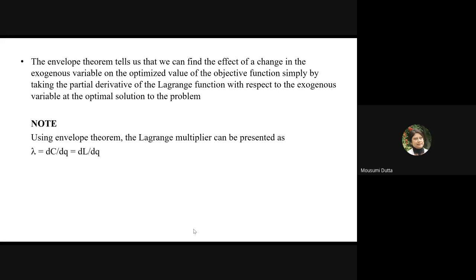Using the envelope theorem, the Lagrangian multiplier can be presented as, we did this solution dC by dQ, where capital C is basically the value function. This will be similar to dL by dQ or del L by del Q. So that will be similar to del of the Lagrangian expression. This L indicates the Lagrangian expression.